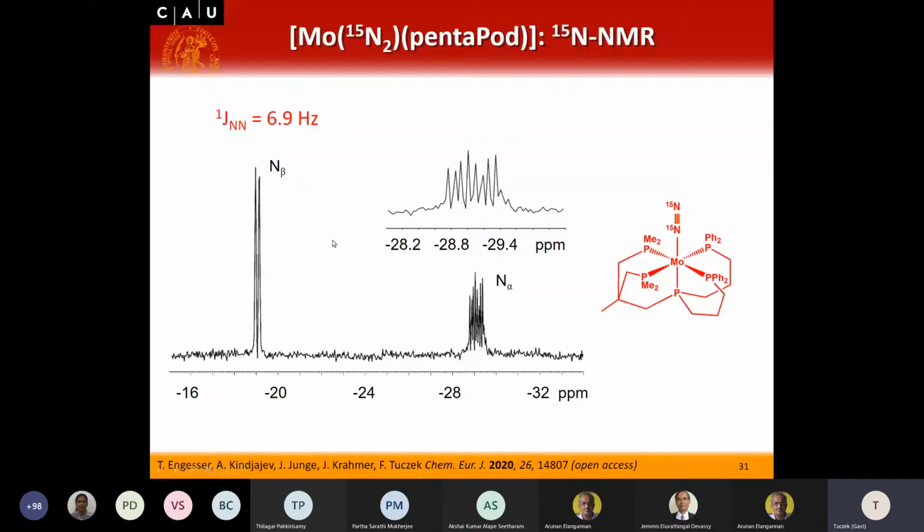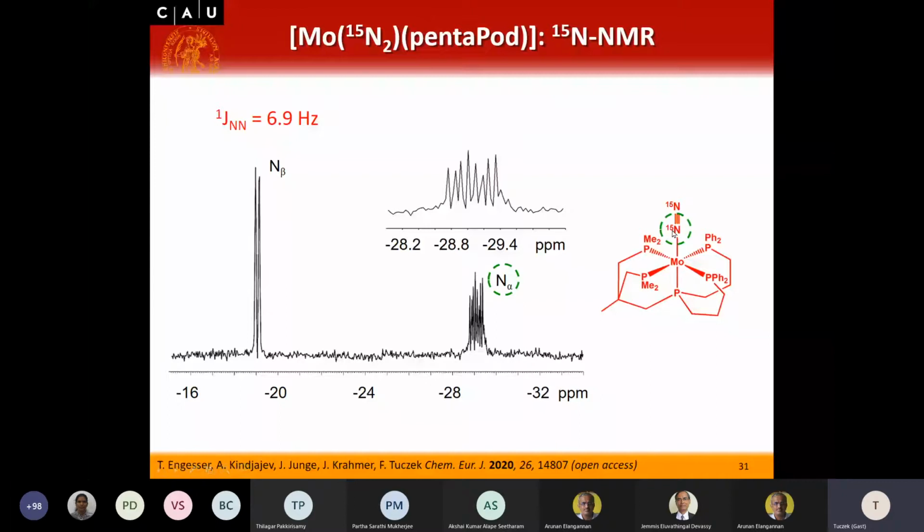Here you see the 15N NMR. Here you see the resonance of the beta nitrogen, which is split into a doublet by coupling with the alpha nitrogen. Here you see the signal of the alpha nitrogen, which is split by coupling with the beta nitrogen and the other phosphines.